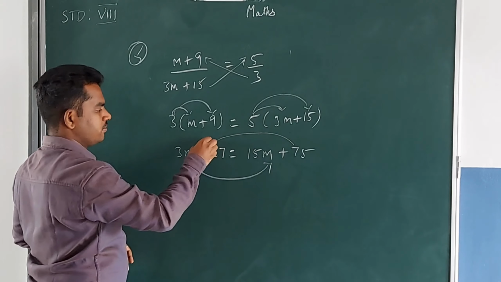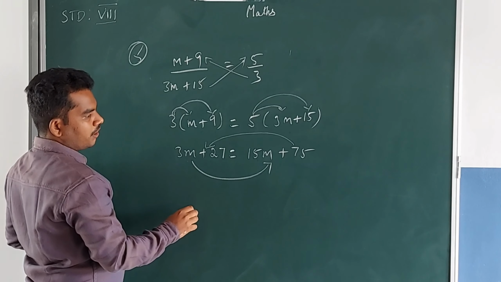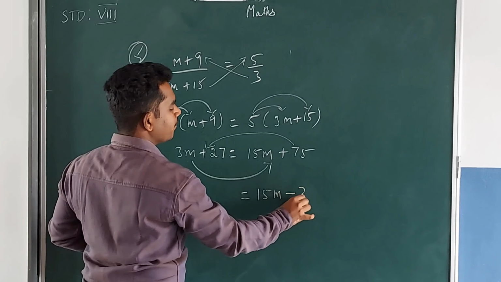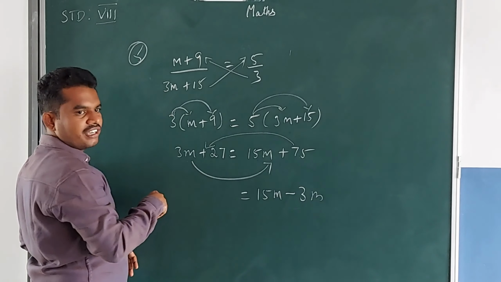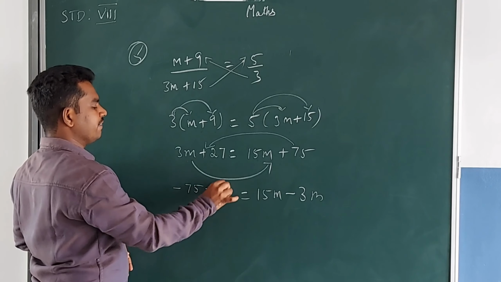75. Okay, so 3m goes to that side means minus 3m. Yes, 15m minus 3m. 75 goes to this side means minus 75 plus 27.